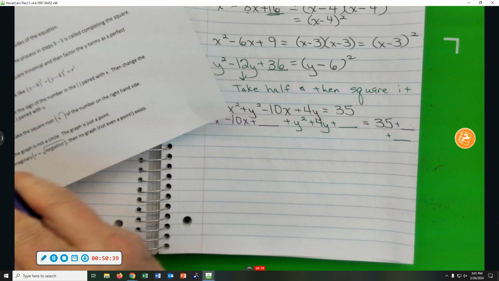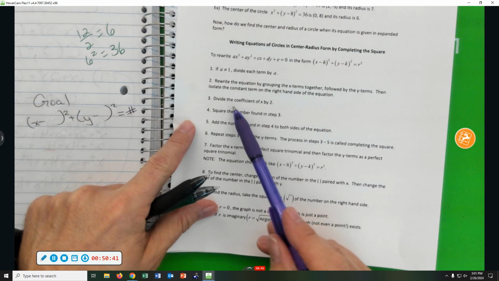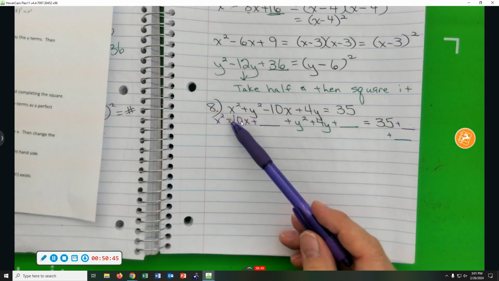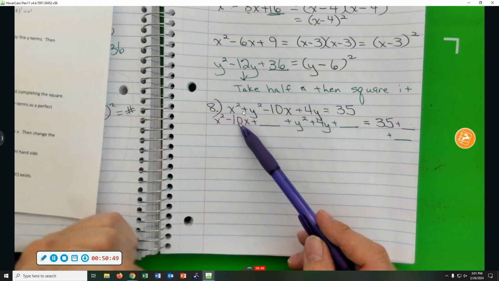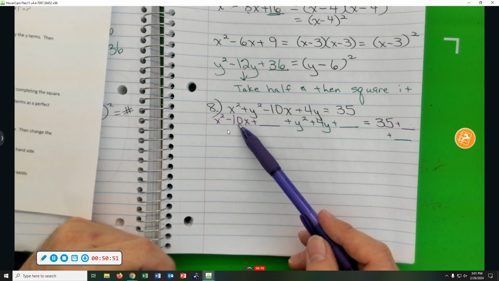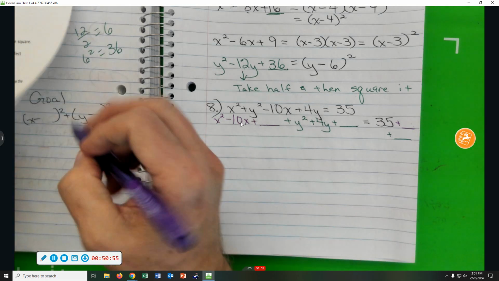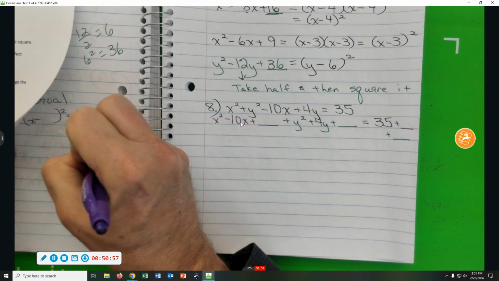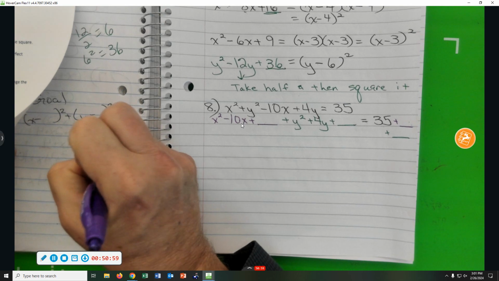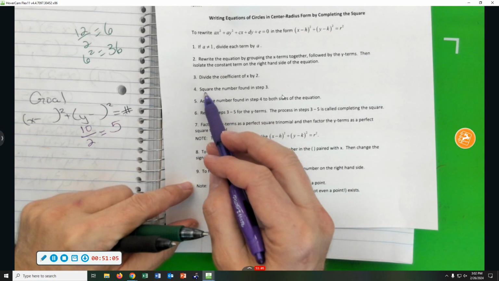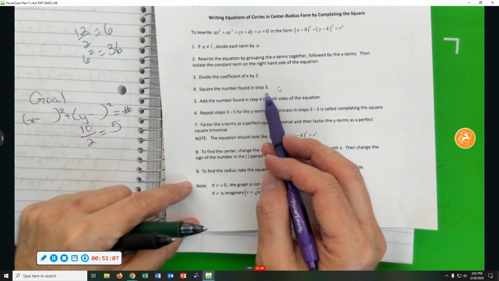Look at what it says. Step number 3: divide the coefficient of x by 2. Remember, you don't need to worry about the sign. That takes care of itself. And this you can usually do in your head. Divide the 10 by 2. 10 divided by 2 is 5. And then look at what that other thing we do is: square the number we just found.